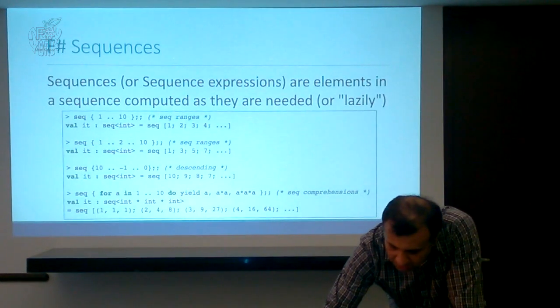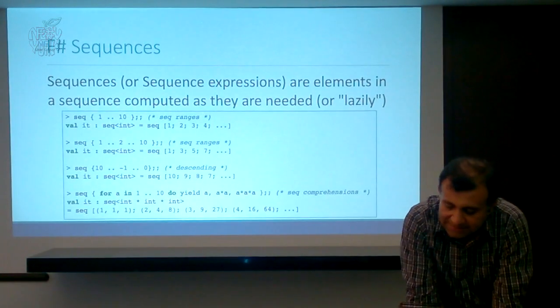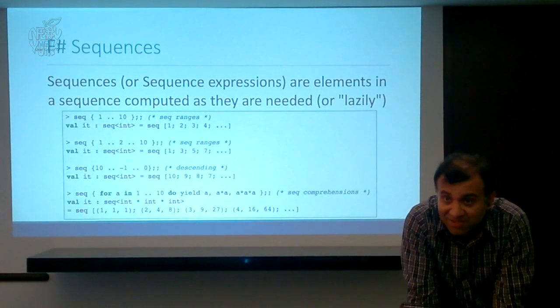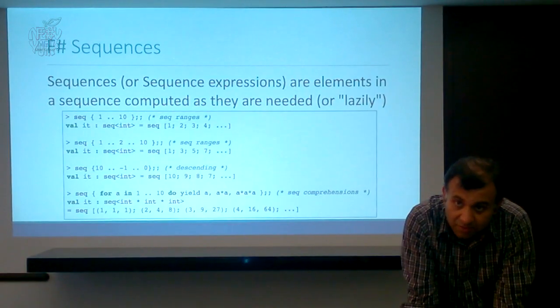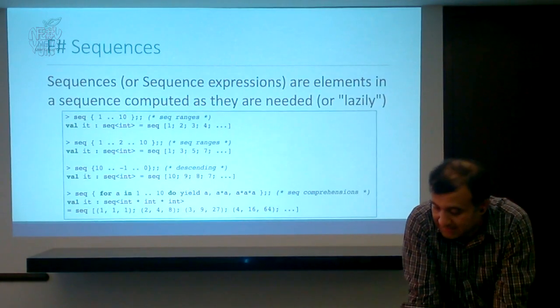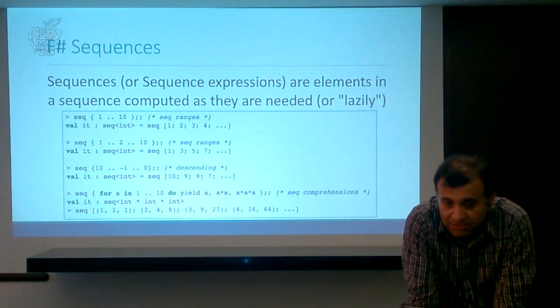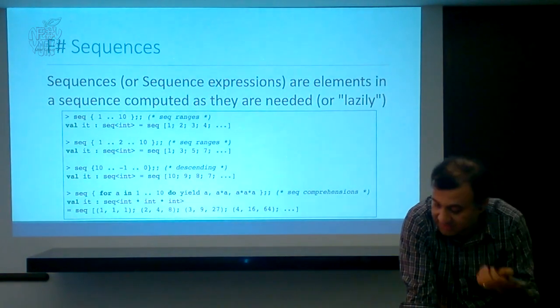Okay. So F-sharp sequence is kind of the same thing as list, except it's a lazy list. That is, it's only computed when you need it. Otherwise not. Those of you who are familiar with Haskell would understand what a lazy list is. But essentially a lazy list is an expression which is only evaluated when it's needed.